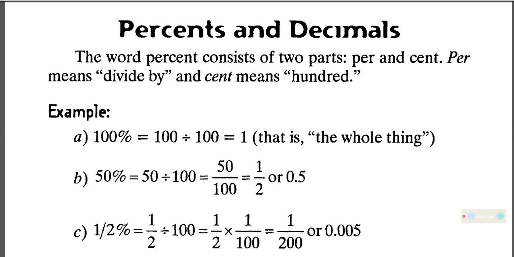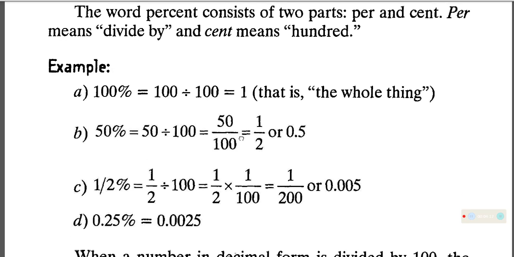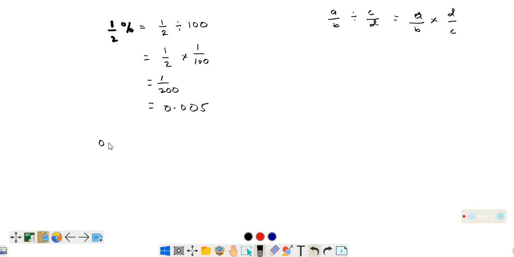So, we have 1 divided by 200. You will end up with 0.005. Okay? So, let's continue. Please bear with me.